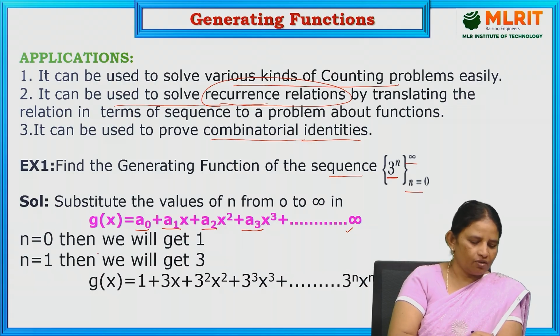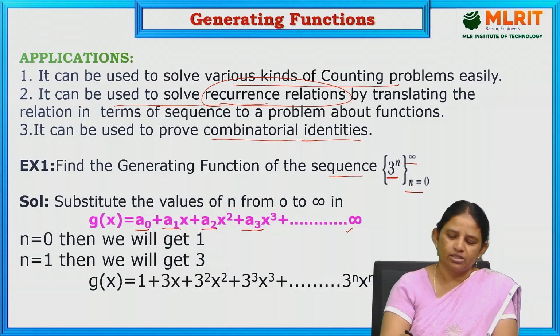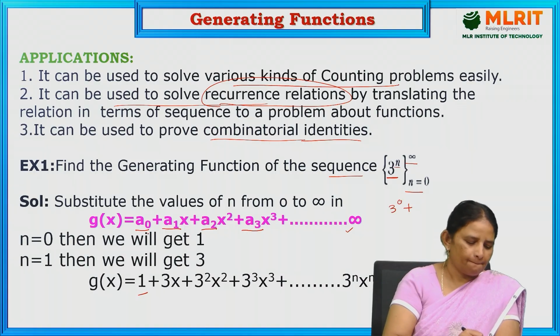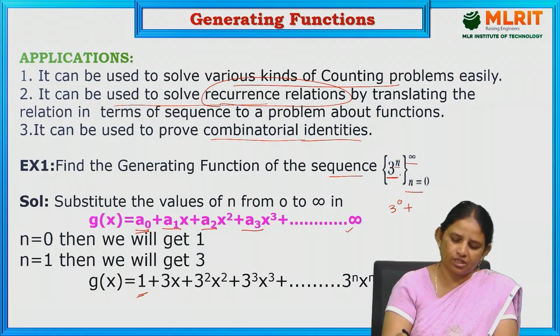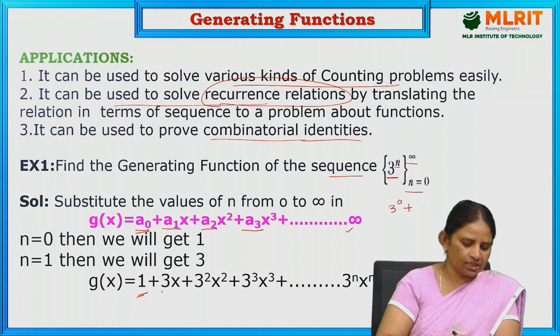Suppose n equal to 0: substituting in place of n, we get 3^0, that is 1. That is a0, the first term, which is 1. Next, n equal to 1: a1 means substitute the second value, 3^1 into x, that is 3x.